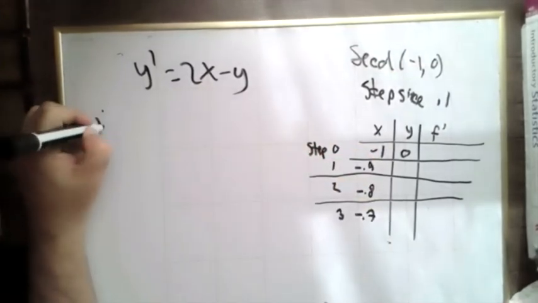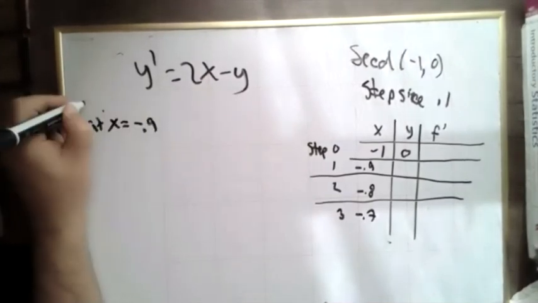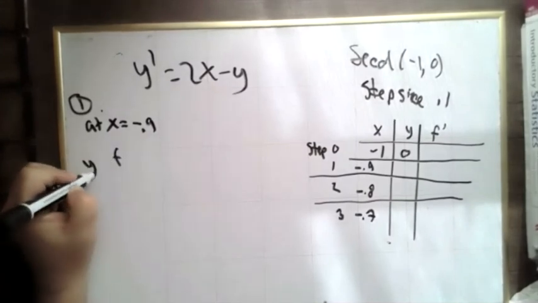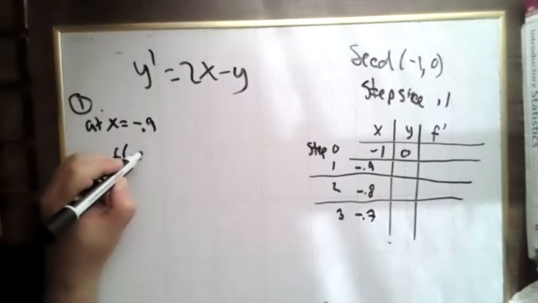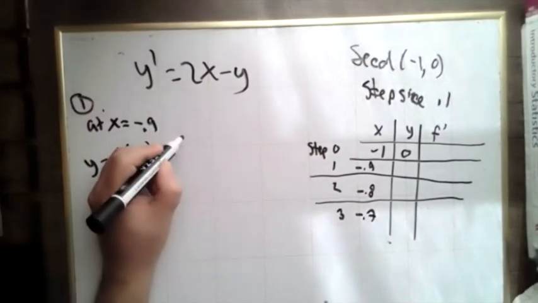So at x equals -0.9. So this is step 1. The y value at -0.9 should be approximately equal to the last y value.